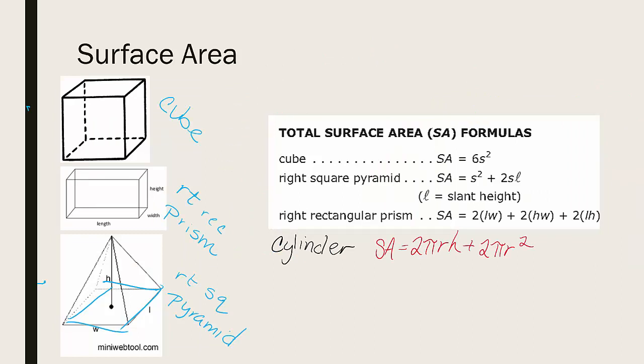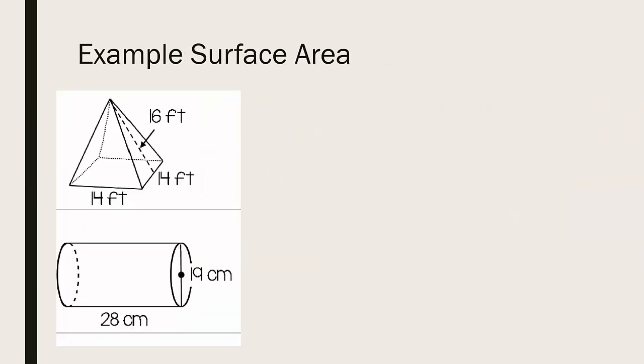It's the side squared. So the surface area here is equal to s squared plus 2sl, where l is the slant length.